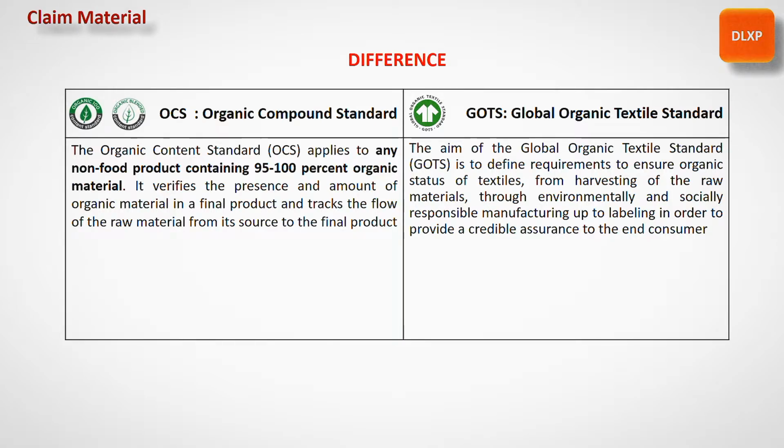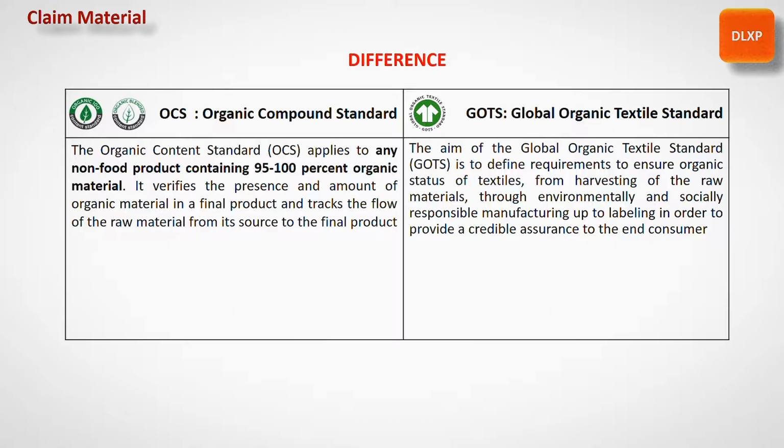On the other hand, GOTS, the Global Organic Textile Standard, defines requirements to ensure the organic status of textiles, not food, from harvesting of the raw material through environmentally and socially responsible manufacturing up to labeling, in order to provide a credible assurance to the end consumer.